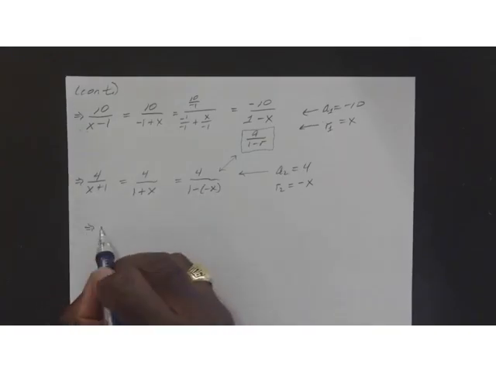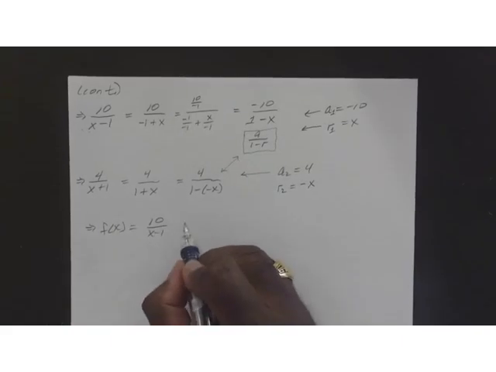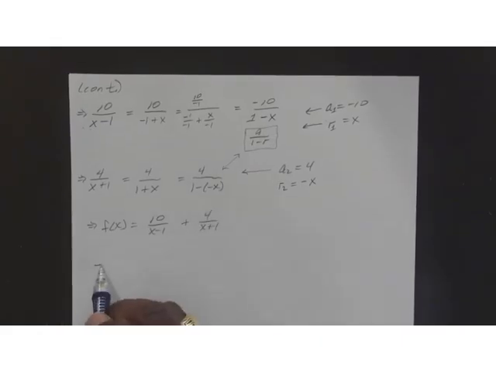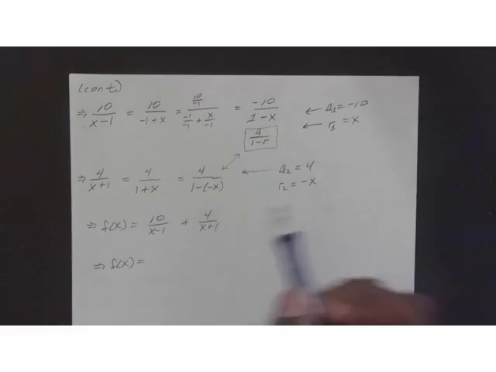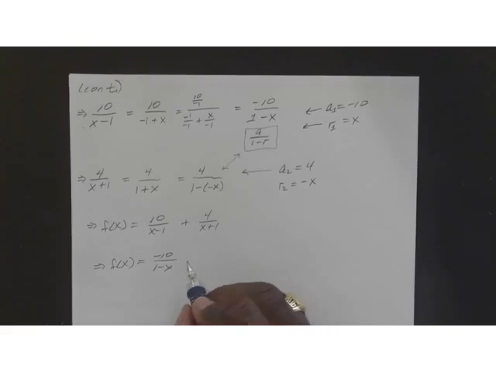So that means we can take our f of x that equals 10 divided by x minus 1 plus 4 divided by x plus 1, and we can rewrite it as f of x is equal to negative 10 divided by 1 minus x, plus 4 divided by 1 minus negative x.